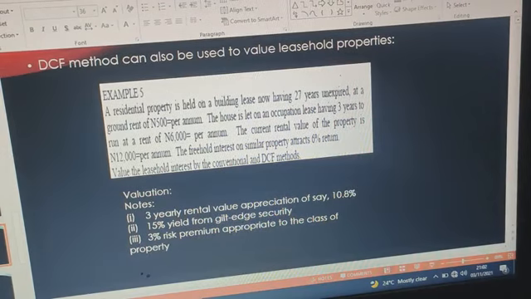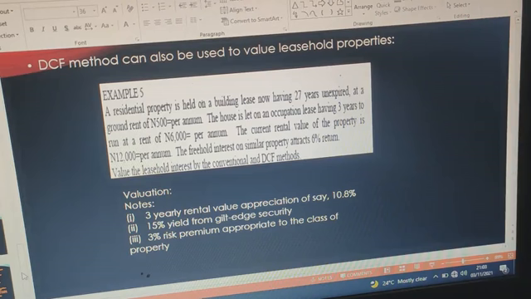DCF method can also be used to value leasehold properties. Example 5. A residential property is held on a building lease now having 27 years unexpired, at a ground rent of N500 equals per annum. The house is let on an occupation lease having 3 years to run at a rent of N6,000 equals per annum.